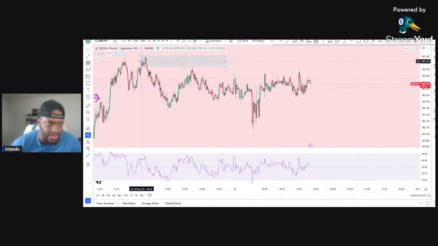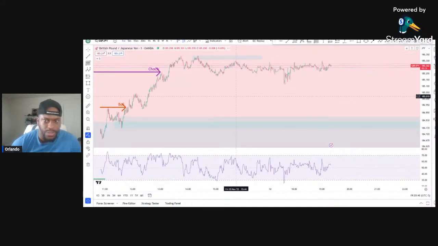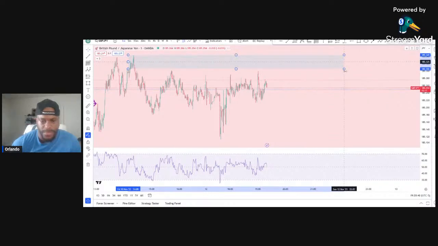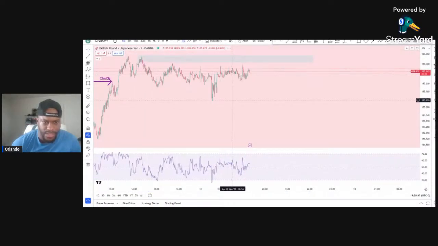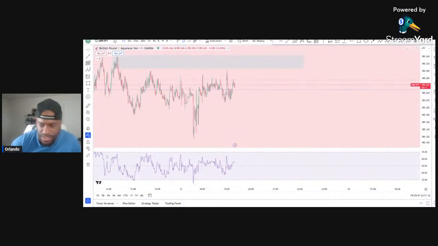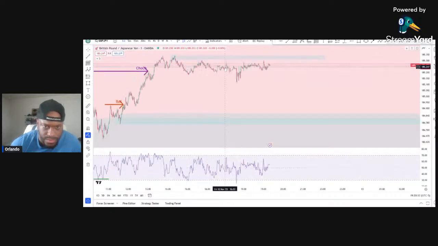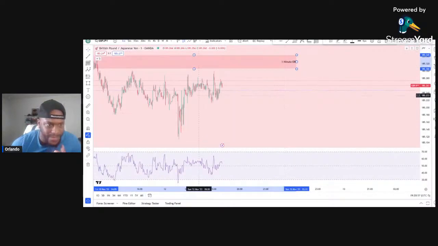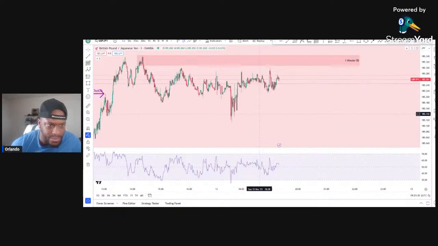That I see all of that internally as liquidity. And so my thing would be that price would sell off from this 1 minute zone that I just drew up. So this is the 1 minute supply zone. So my thing is all of this would be liquidity.